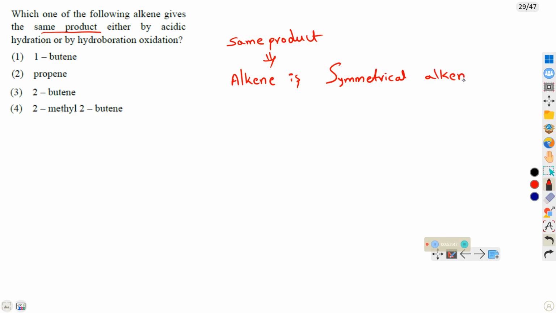Identify which is the symmetrical alkene. 2-Butene is a symmetrical alkene. Why? CH3, CH, double bond, CH, CH3. Yes, the unsaturated carbons contain an equal number of hydrogens. So third option.